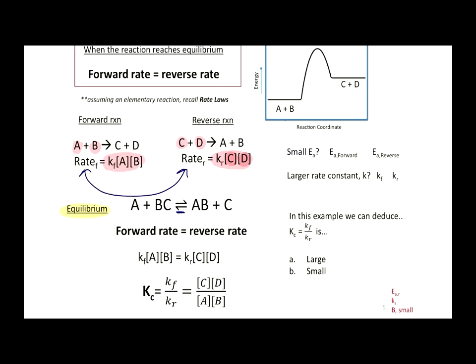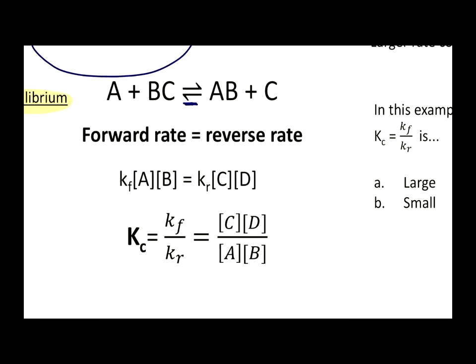So what I'm going to do is move some species around so the concentration terms are on one side and the rate constants are on the other side. How do I do this? I'm going to divide both sides by [A] times [B], and I'm also going to divide both sides by k reverse, the rate constant in the reverse direction.